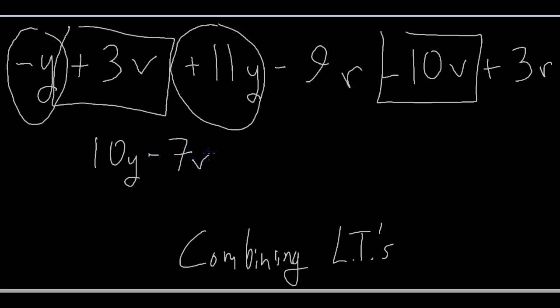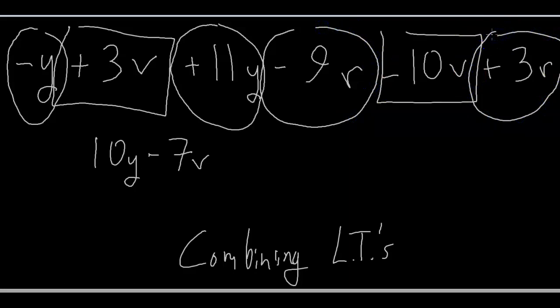And finally, we have our r terms. So the first time we see r, we see minus 9r. That minus 9r means we're starting with negative 9r, and then we're adding to it positive 3r. So how many r's are we going to have? We're going to have negative 9 plus 3 r's, right? Negative 9 plus 3 is negative 6. So we're going to have negative 6 r's in our final answer.